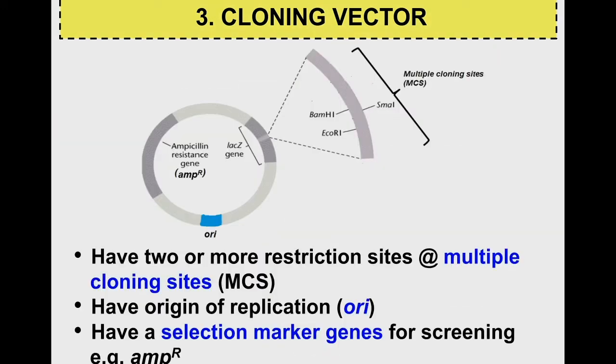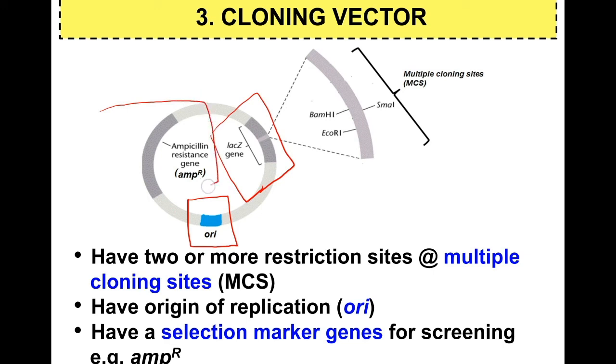Cloning vector consists of two or more restriction sites. They also have origin of replication and also selection marker genes for screening, for example ampicillin resistant gene.